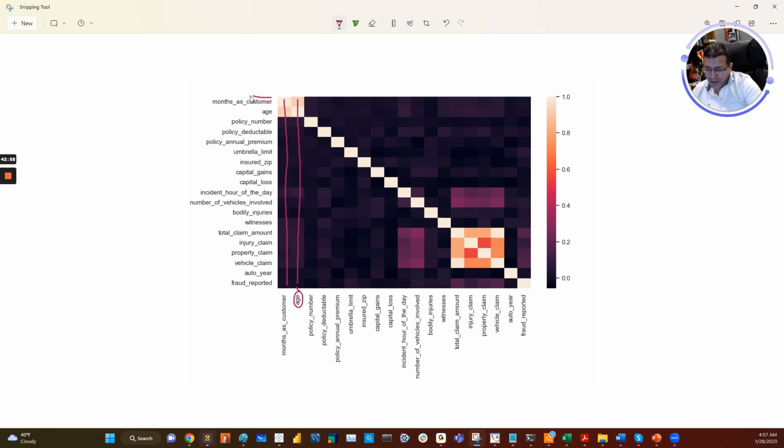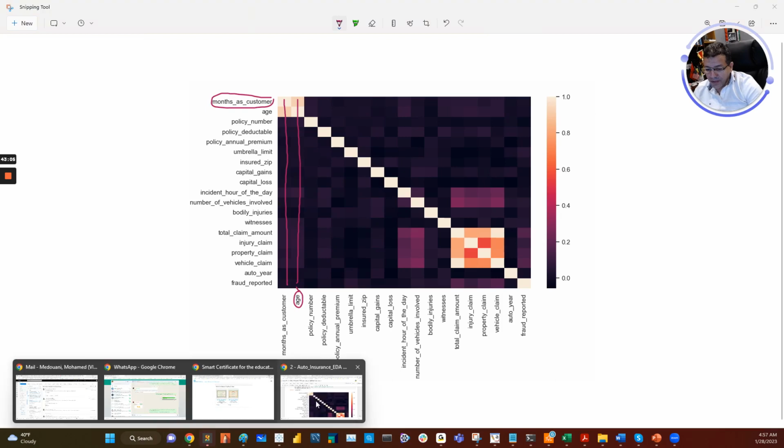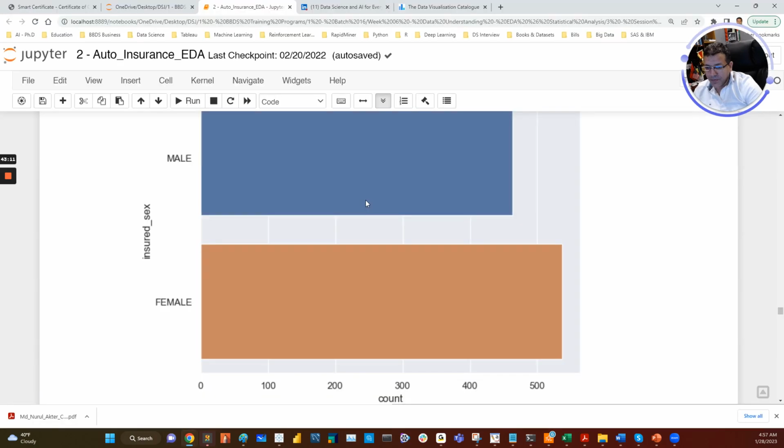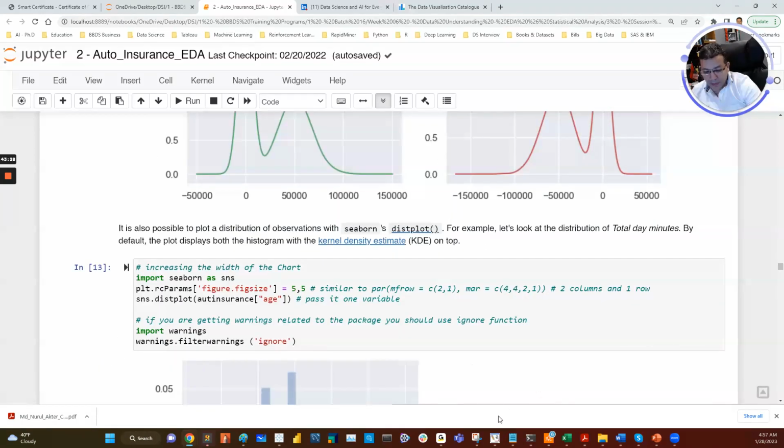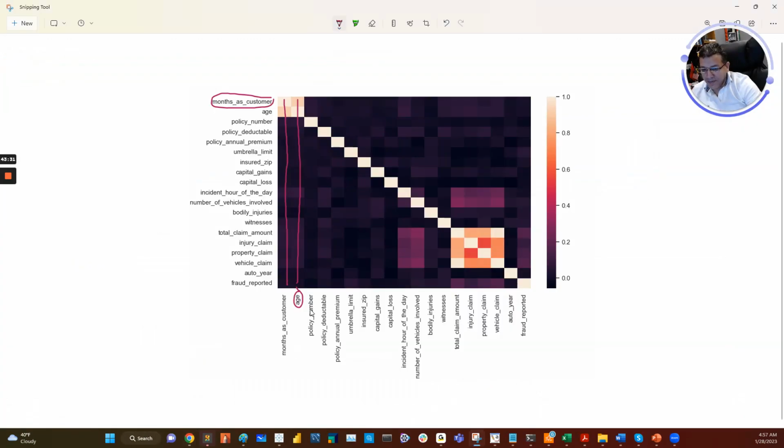There is a high correlation between months as a customer and age, which we already determined using the density plot. When we made the density plots, we noticed there is a similarity between the density of age and the density of months as a customer. And that similarity is what we find as a high correlation.